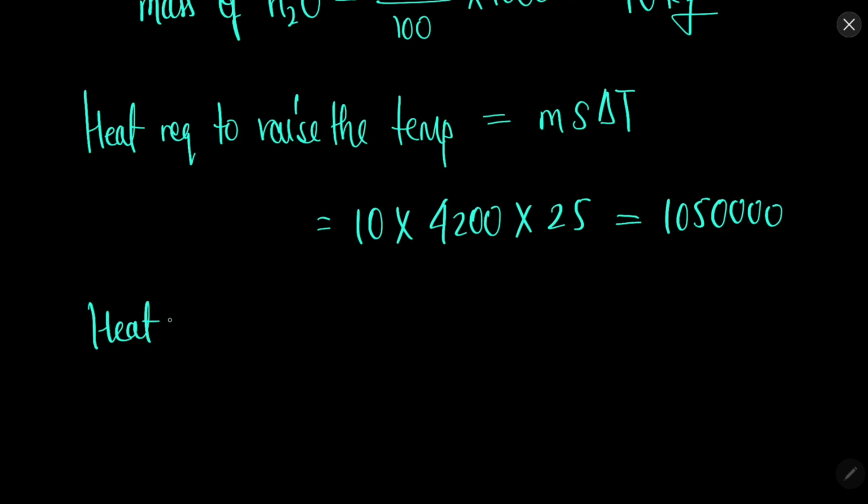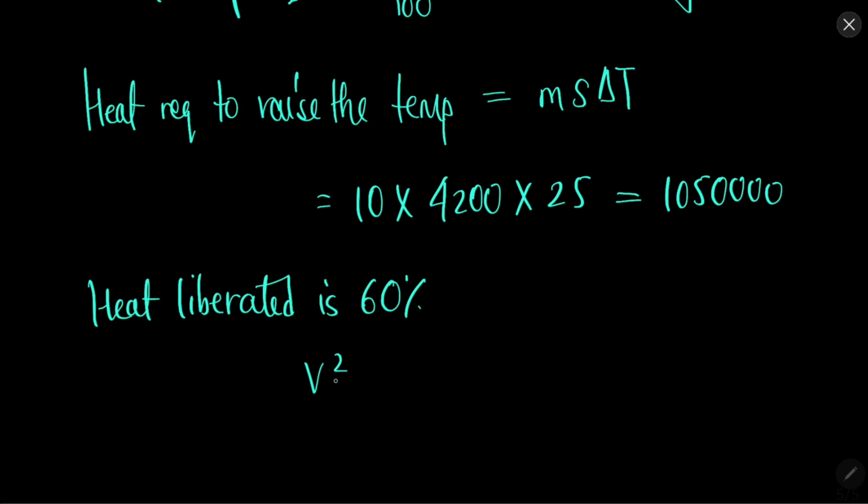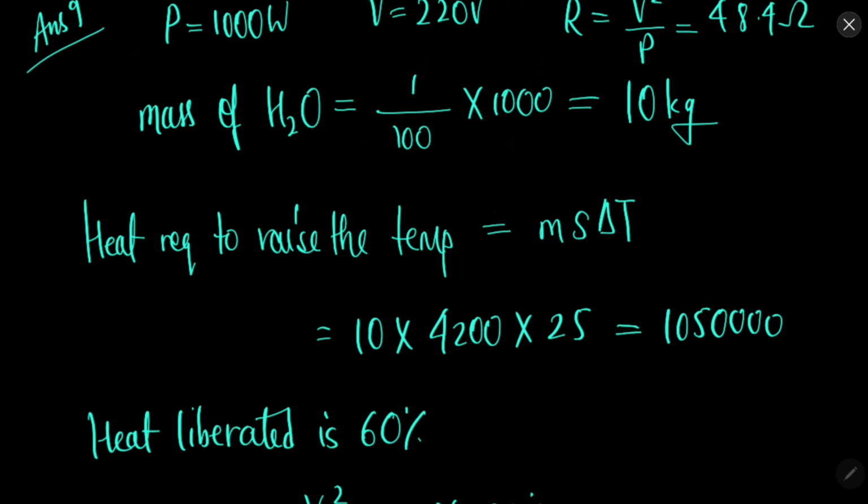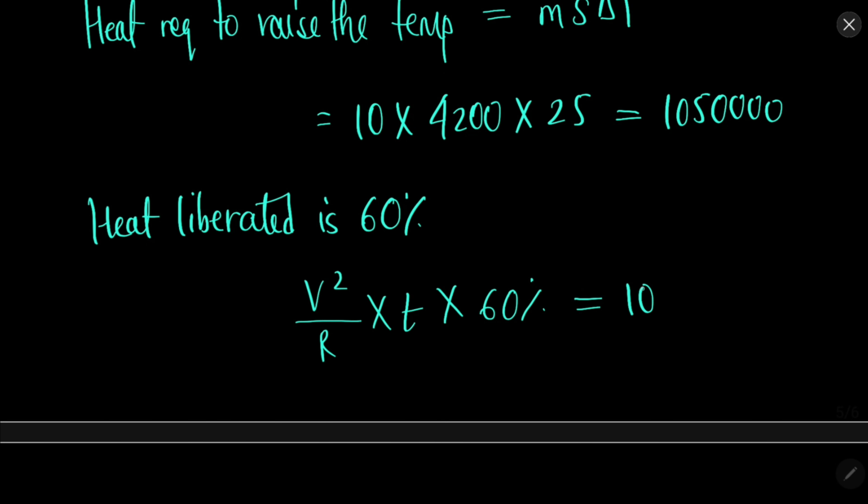Heat liberated is 60%. So V square over R into t into 60%. So equal to, the total heat is 105 with 4 zeros.